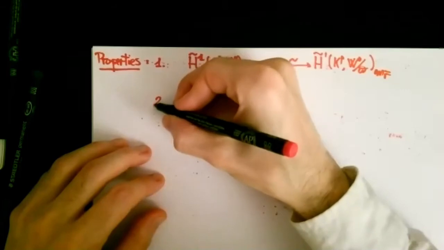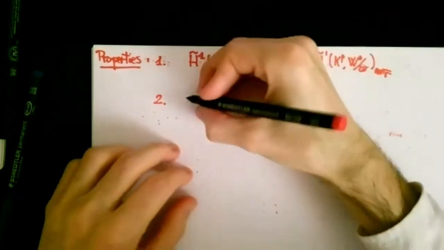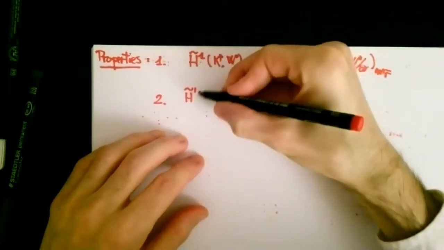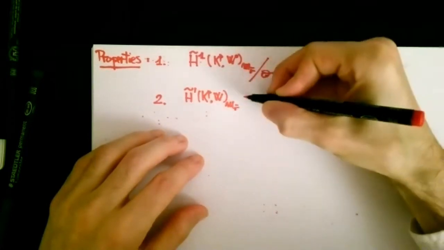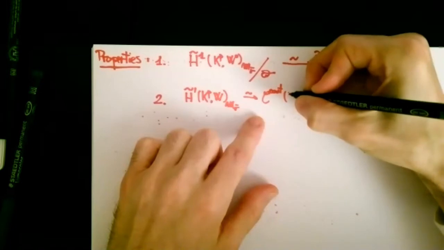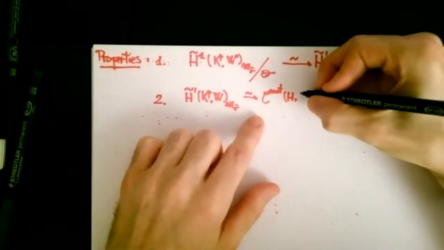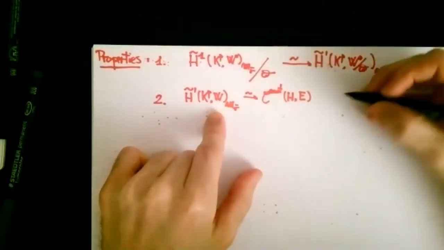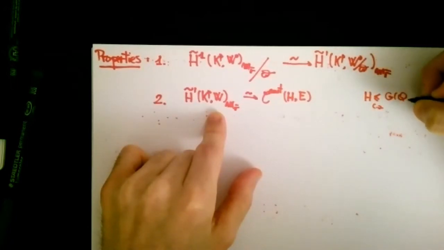And the second crucial property that I would like to mention is that the H tilde 1 of K upper P W localized is in fact isomorphic to the space of continuous functions, as a representation of H, where H is a compact open subgroup in GQP.